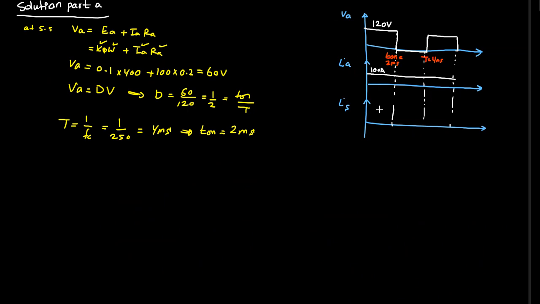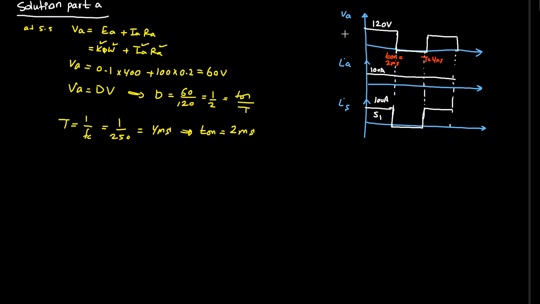So this will be the supply current, and this is 100 ampere. The supply current only flows through the switch S1, and there is no current flow if the diode is conducting.